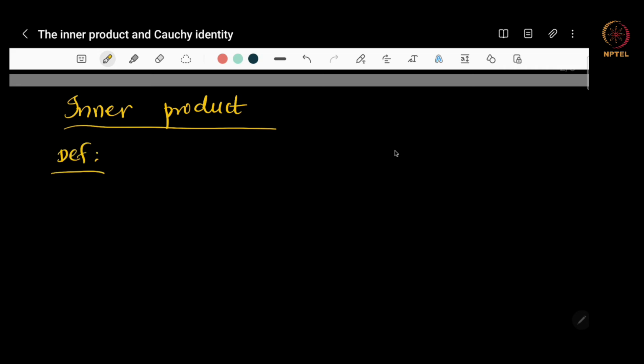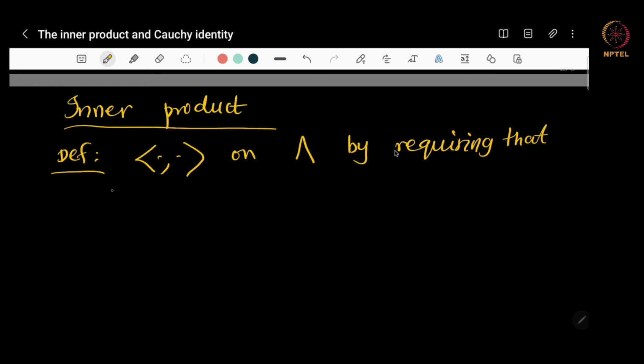So here's the definition of the inner product. Okay, we could define it in any one of the three ways, but let's follow the standard definition. So we define an inner product on the space of symmetric functions by telling you what values it takes on bases, for example.